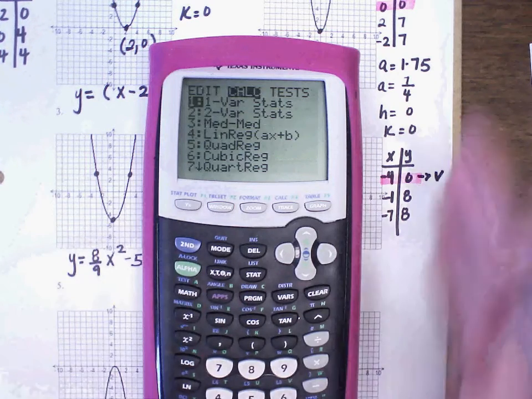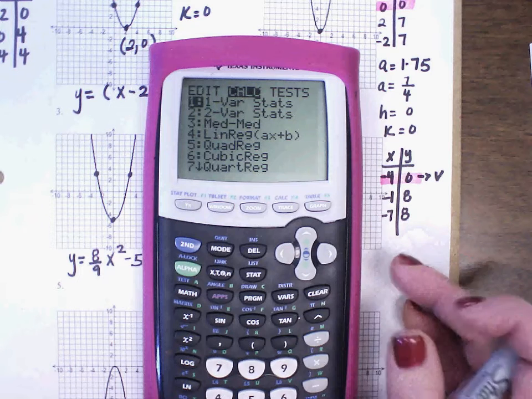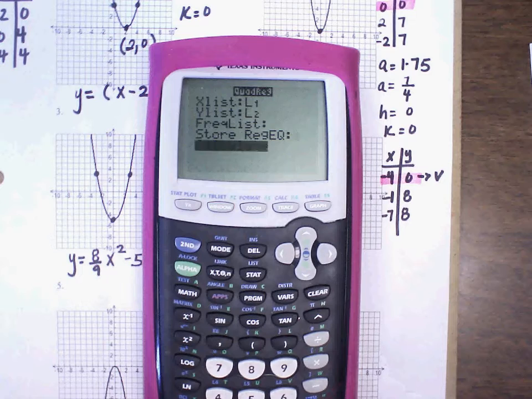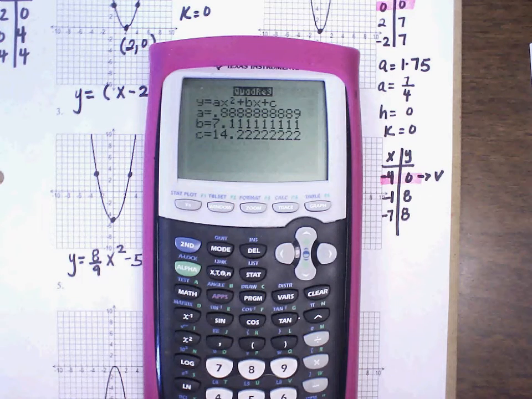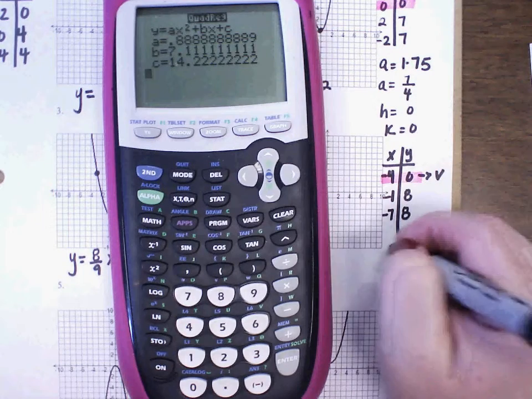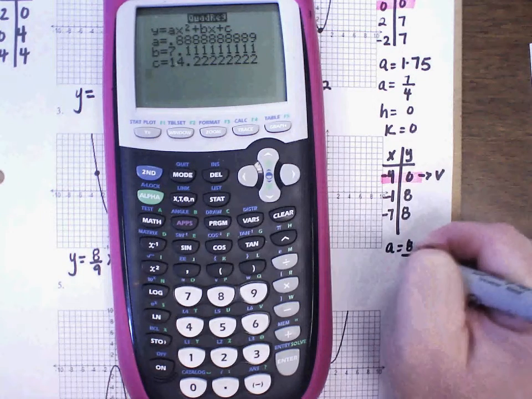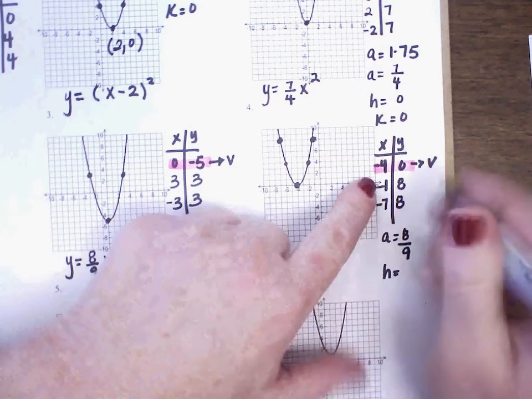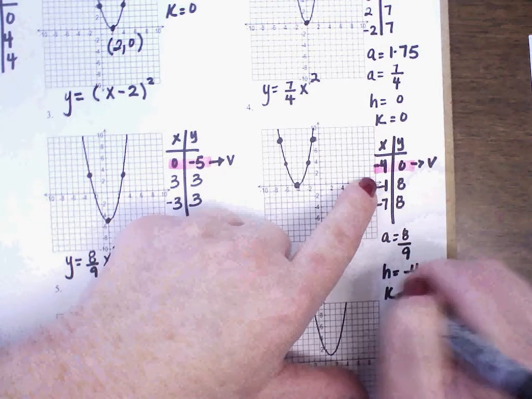Notice that one number on the Y also always repeats, right? So we're going to do 5. All right, so that was what? A equals 8 ninths. What is H? Negative 4. And what is K? 0.